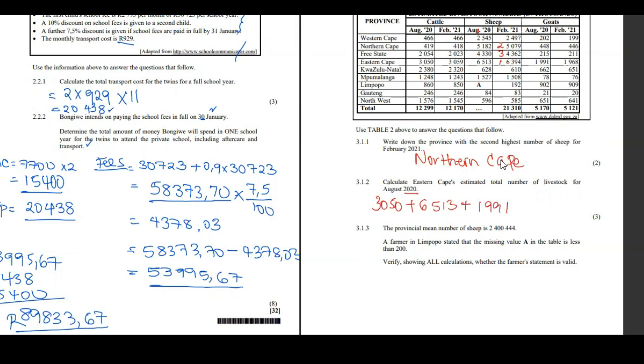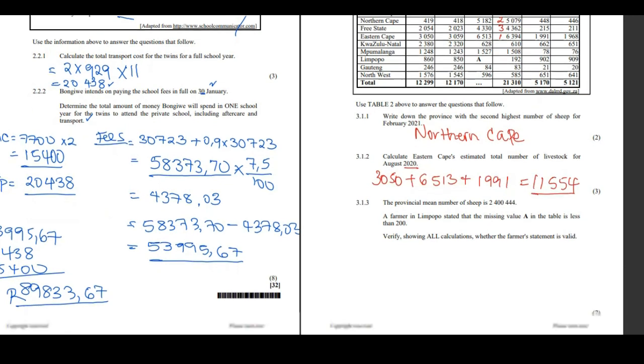So you end up having the answer as 11,554. This is not money. Remember, livestock. So you've added your cattle, you've added sheep, and you've added goats. That's how we get it. All right, this is so interesting.